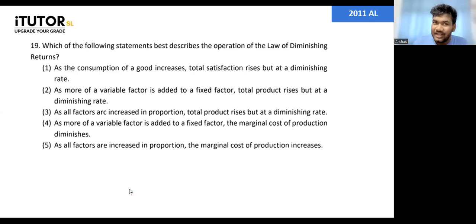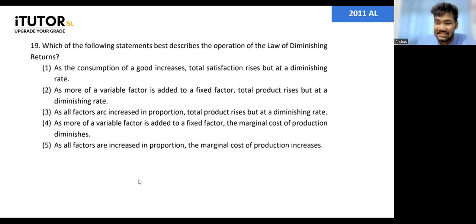What can you do? You can only increase the amount of labor in the short run. So when you keep on adding labor and labor and labor and labor, what happens? The marginal product and the average product starts to decline after some time. That is what this law of diminishing returns or law of diminishing marginal returns is talking about.